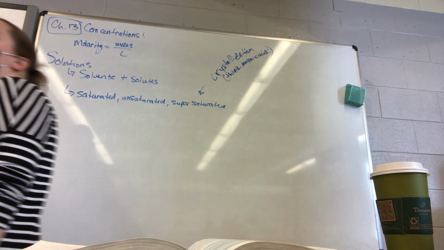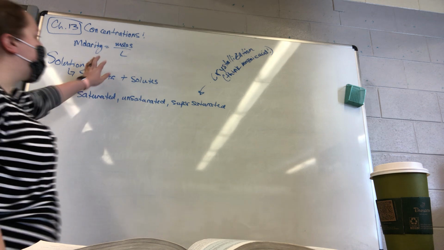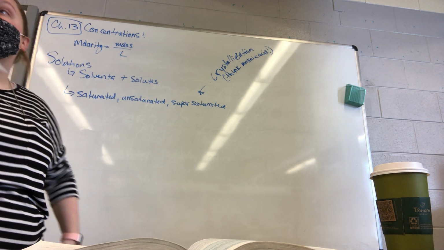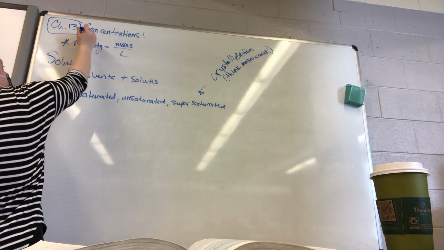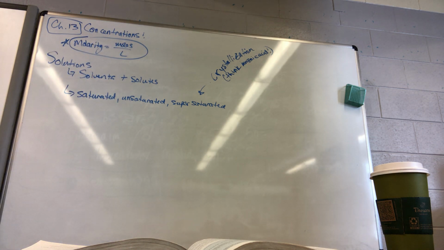We calculated concentrations of various different things. There's more than just molarity, but molarity I would say is probably our most important one, especially after getting through rate laws in chapter 14 and equilibrium in chapter 15.